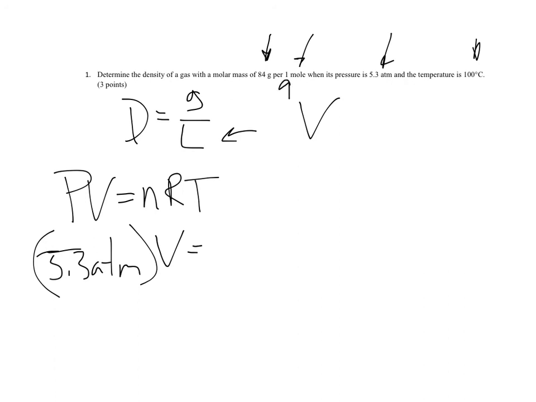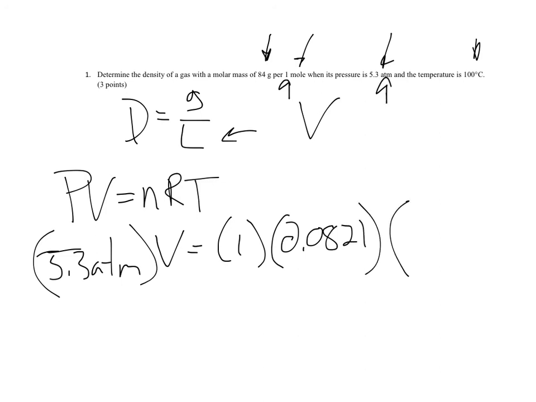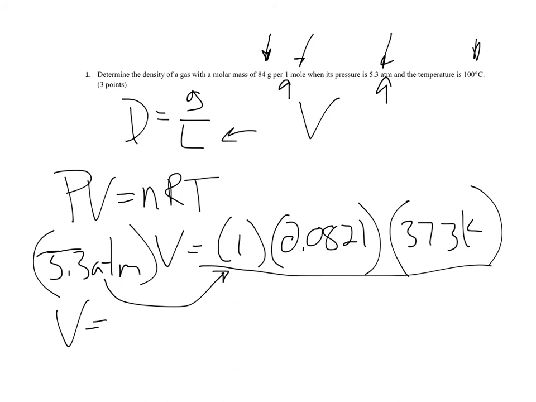Well, let's pick 1 mole, make it simple. 1 mole, since we know how much that weighs, 84 grams, times 0.0821, since we're in atmospheres for pressure, times the temperature, 100 Celsius, which is 373 Kelvin. All right, so the volume equals 1 times 0.0821 times 373 divided by the 5.3, and that comes out to 5.78 liters.